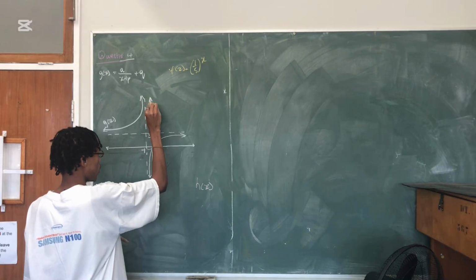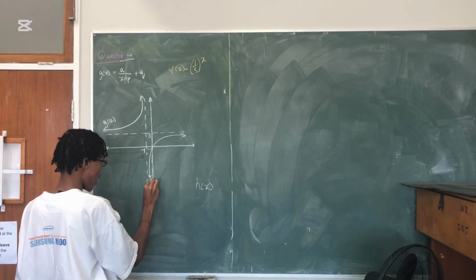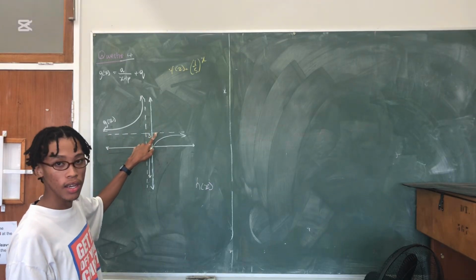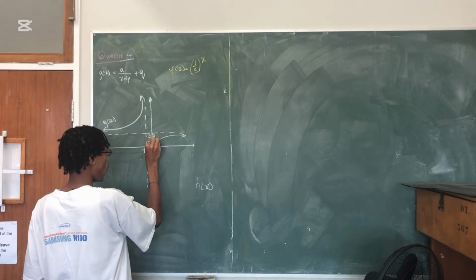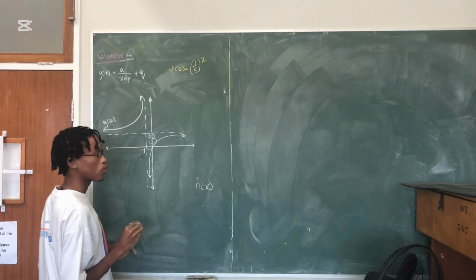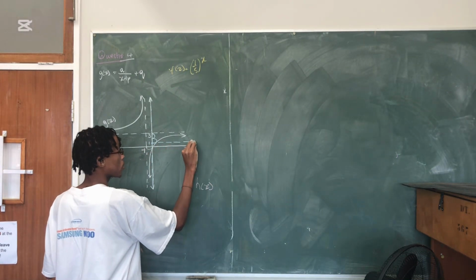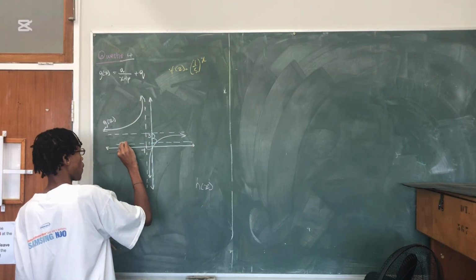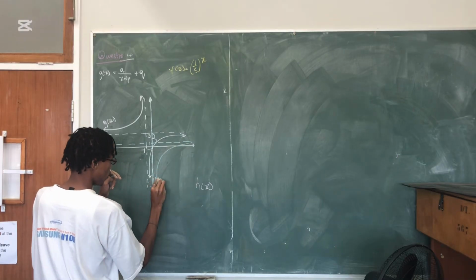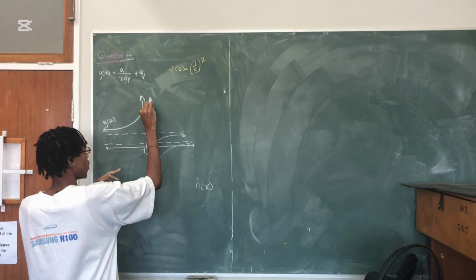So the new vertical asymptote will be sitting along the y-axis. Whereas the horizontal asymptote is currently sitting at -3, it will move 2 units down until it goes to position positive 1. So our new horizontal asymptote will be at positive 1. So our new function will be here.